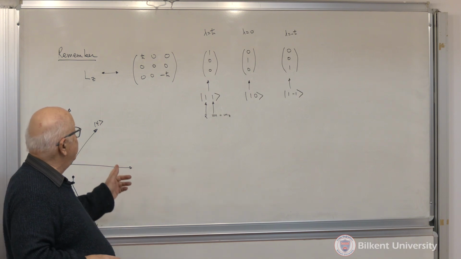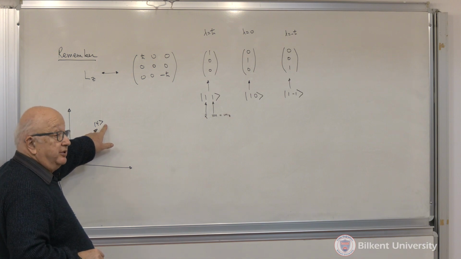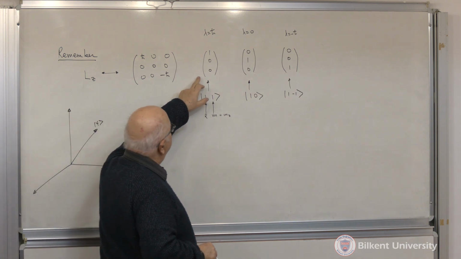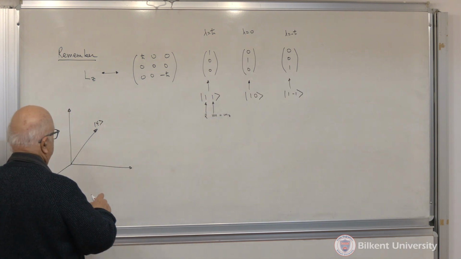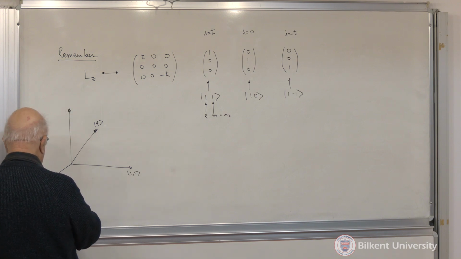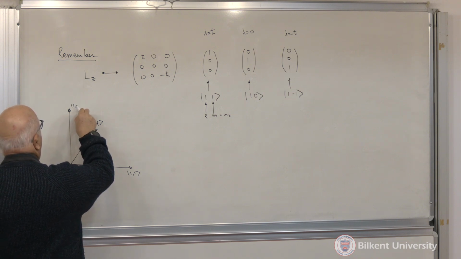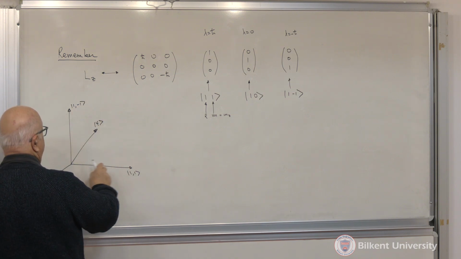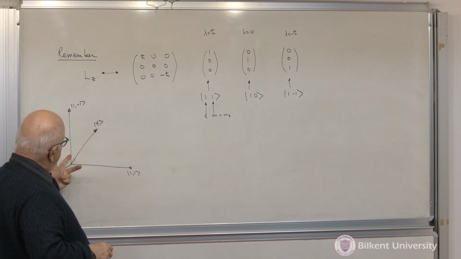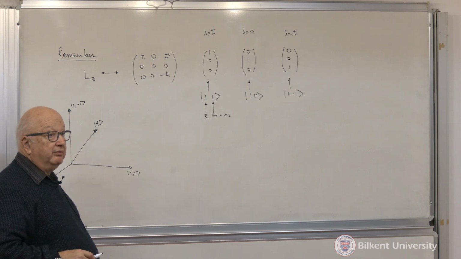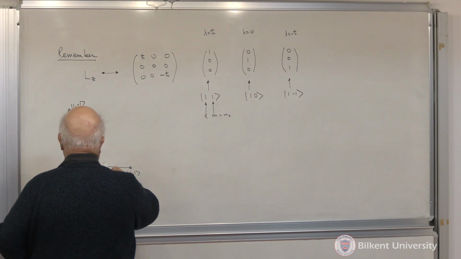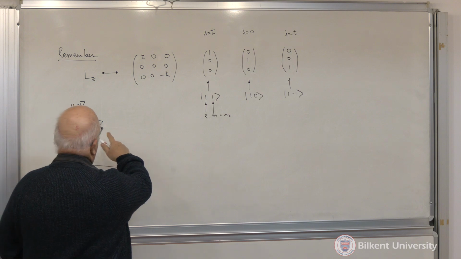I can describe this vector in terms of the eigenstates of Lz, which will be things like 1, 1, 1, 0, 1, minus 1. These are now the basis vectors. So I can describe this psi as a linear combination of these three vectors. They are orthogonal to one another.